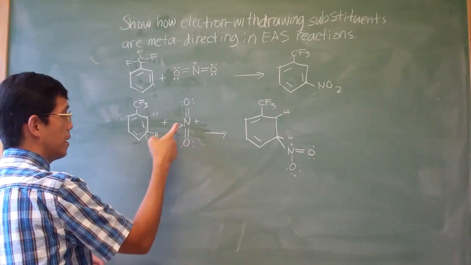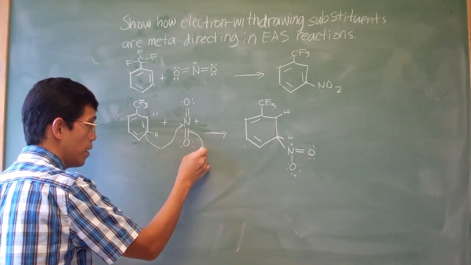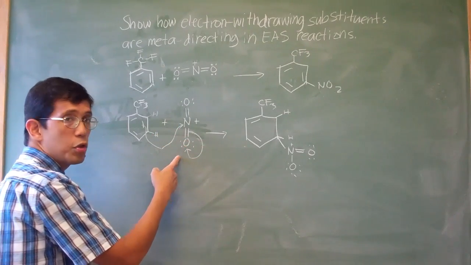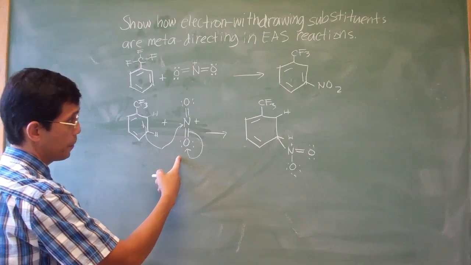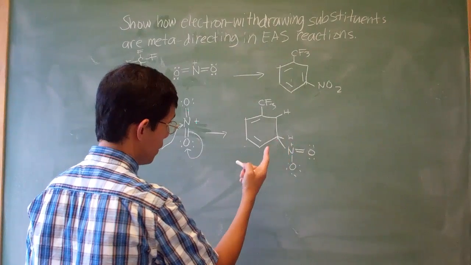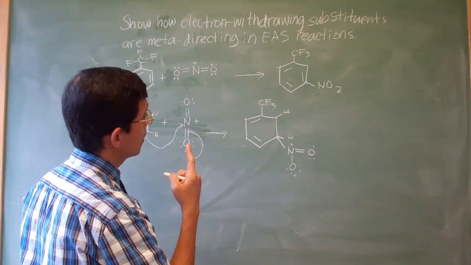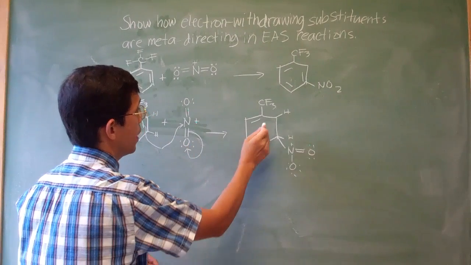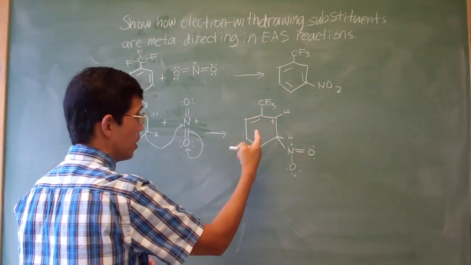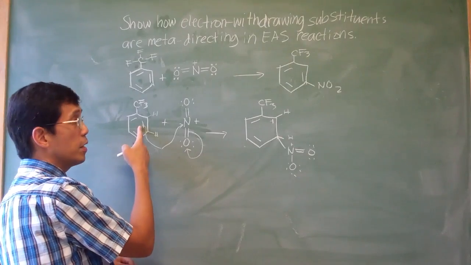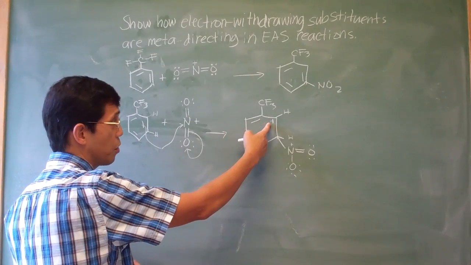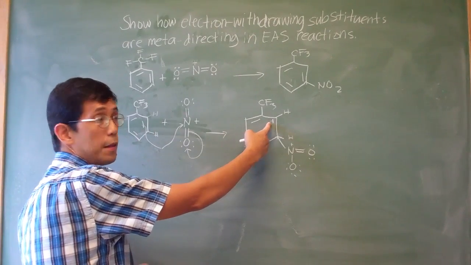When that attacks the nitrogen, that bond there is going to have to go to oxygen as a third lone pair. Now we have a plus charge. That double bond goes away, so we have a plus charge at that carbon.